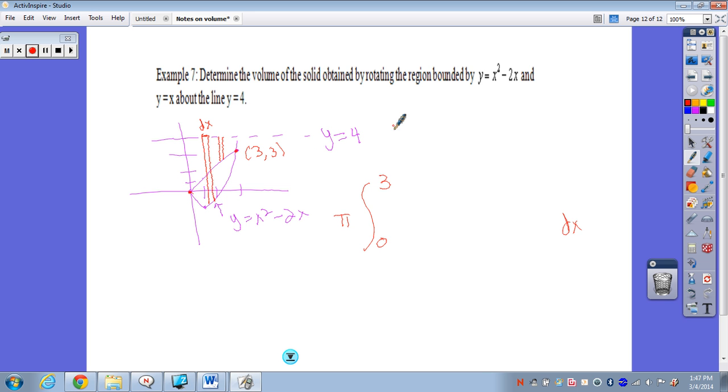So to get our outer radius, we're going to do 4 minus the outer curve, which, the nice thing, is already in terms of x, which is x squared minus 2x. And that needs to be in parentheses because you'll have to distribute the negative.